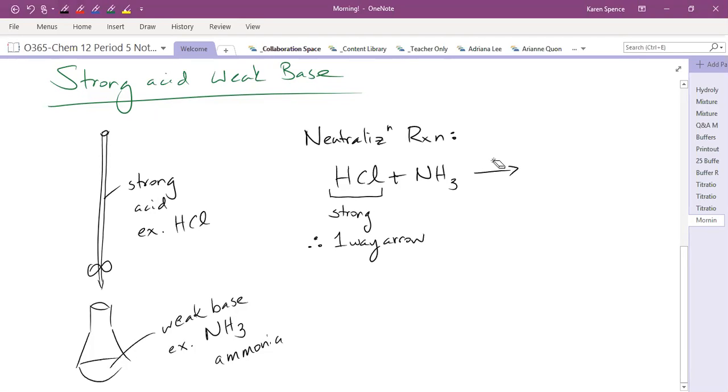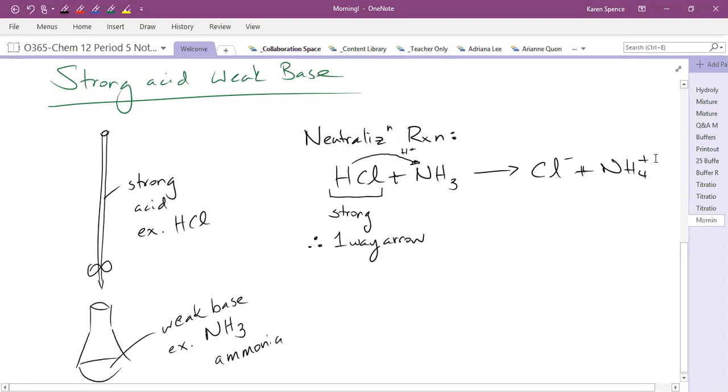So HCl is going to be like, okay, I'm just going to give away all my protons. Ammonia, I don't care if you want them or not, you're going to take them. So hydrogen gives its proton to ammonia, and we end up with Cl minus plus NH4 plus.